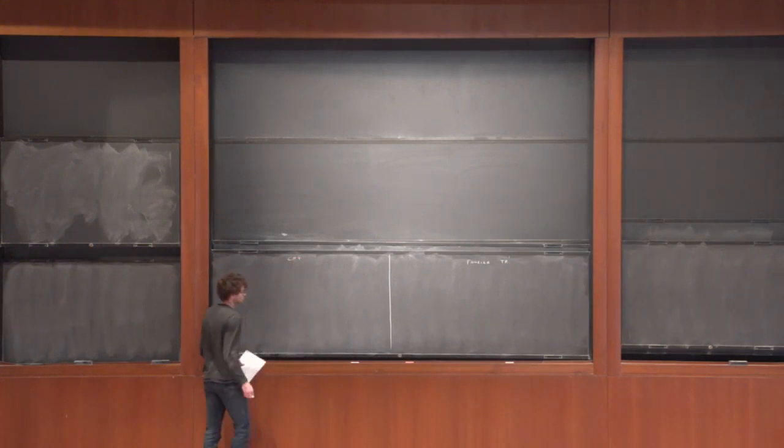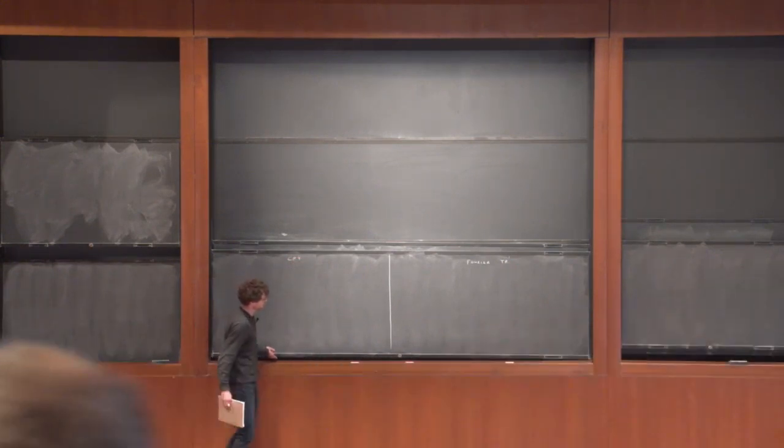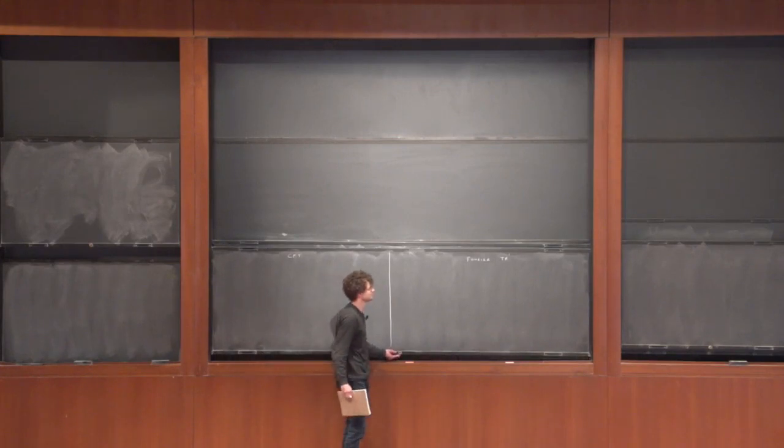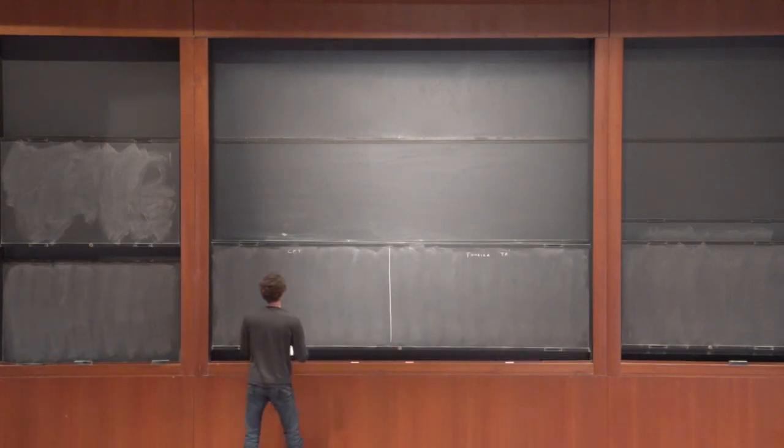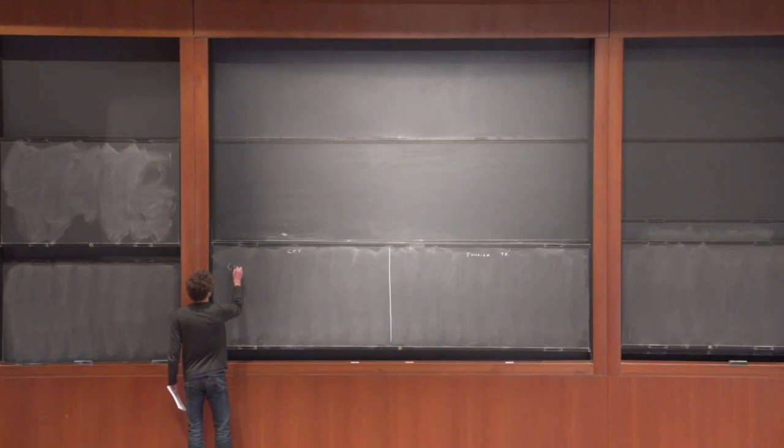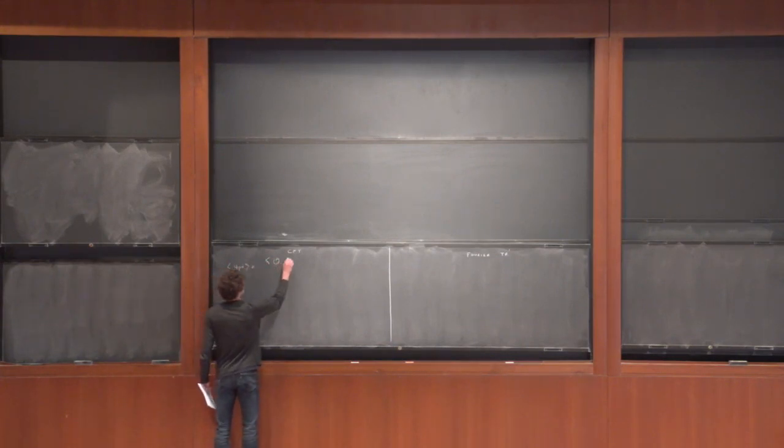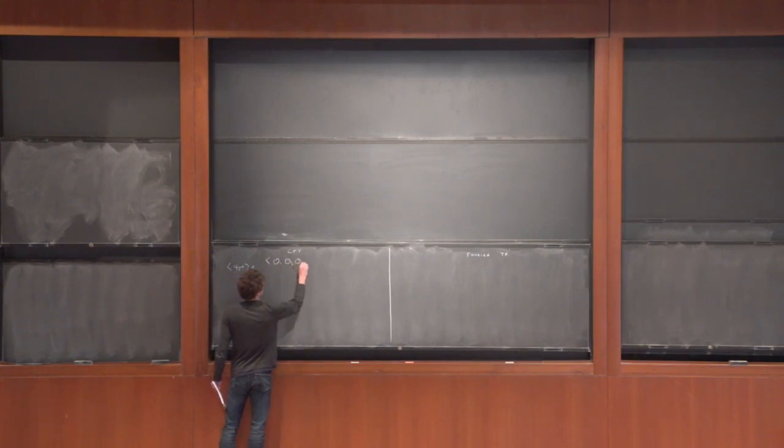Could you write a little bigger? I will when I write something important. Okay. So we'll be considering the 4-point function. And for convenience, we'll imagine this is a 4-point function of operators that have the same conformal dimension.